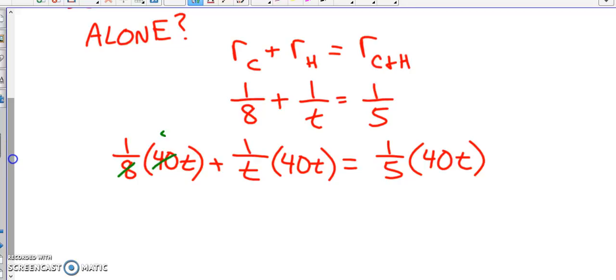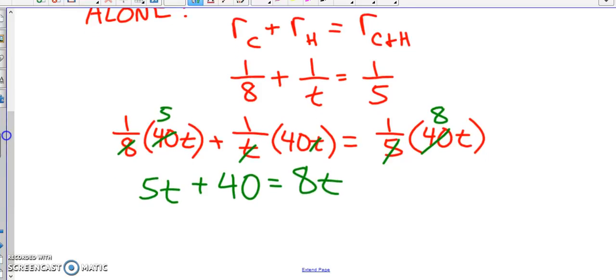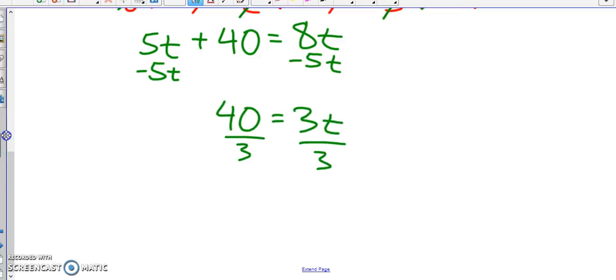8 goes into 40 5 times, so that's 5t, plus t cancels, 1 times 40 is 40, equals 8t. I can subtract 5t. So 40 equals 3t. Divide by 3.